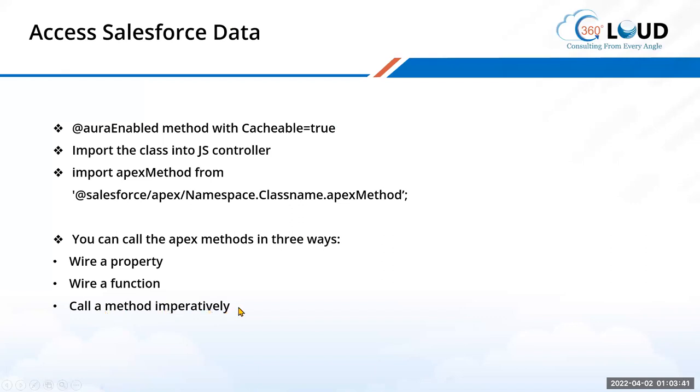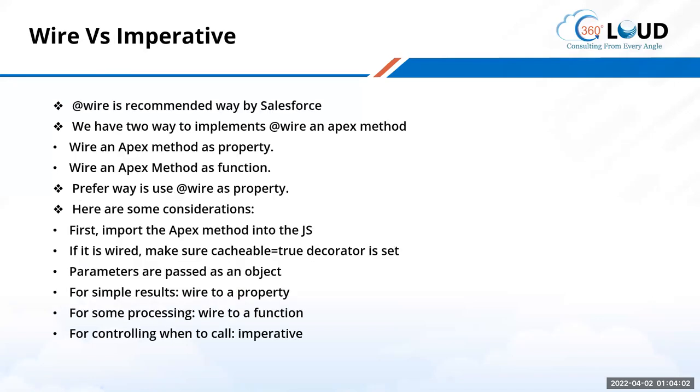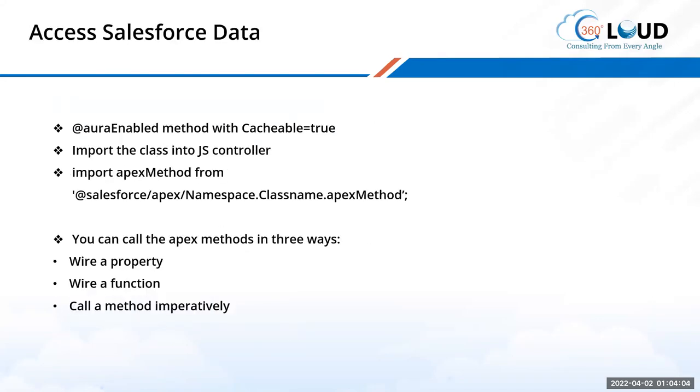So imperatively, if you want to perform actions, let's suppose on click of a button you want to call Apex, then you can use imperative methods. I will tell you about this in the next session.